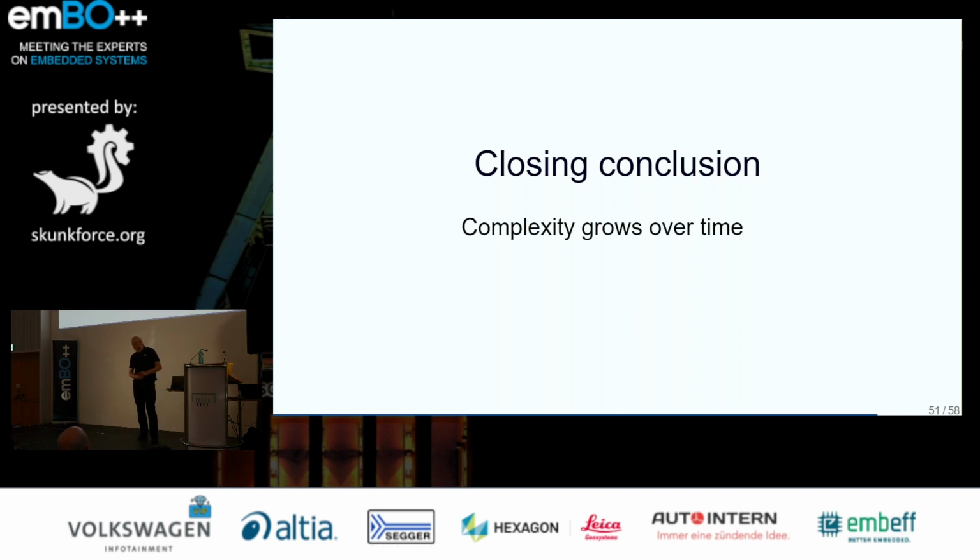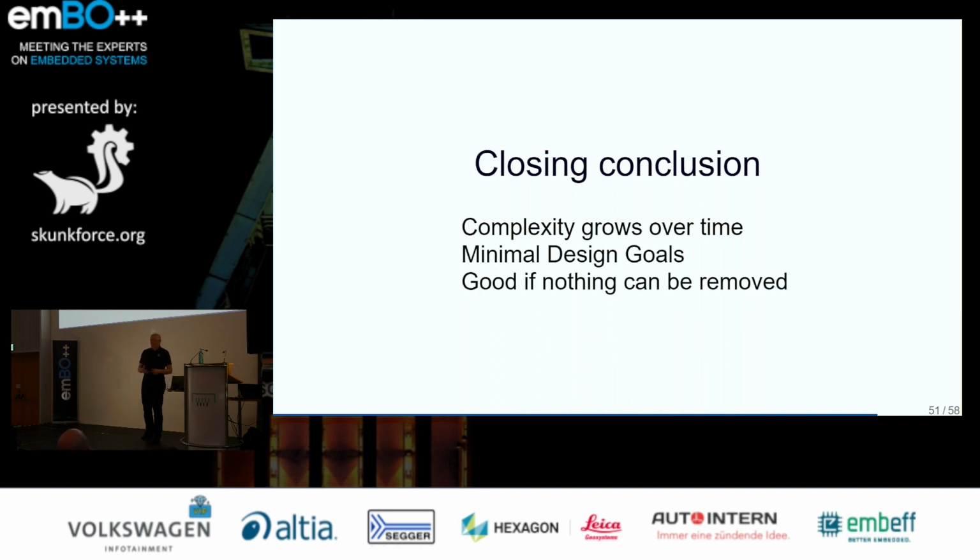Complexity grows over time, and adding all this complexity to one class will not lead to anything good. Minimal design goals: it's good if you cannot remove anything from it. That's the whole philosophy about it. Also think about splitting concerns or use cases, making them their own class.